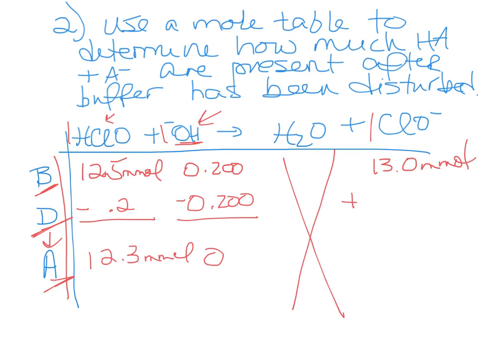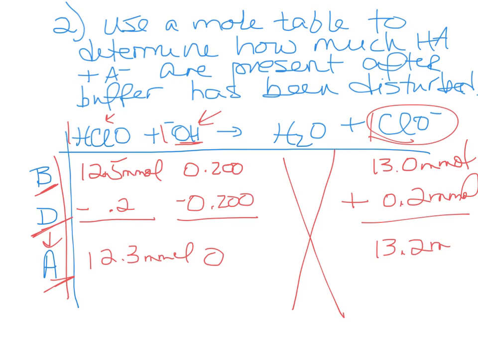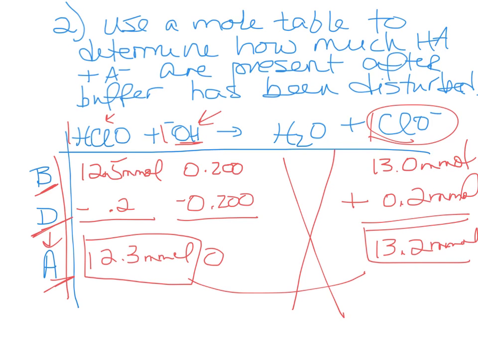And we're going to add 0.2 millimoles to the ClO minus because we're forming more of that, so we're going to have 13.2 millimoles of that. So now you have the final amounts of the original weak acid and its conjugate base, and you can plug these values into the Henderson-Hasselbalch equation and figure out pH.